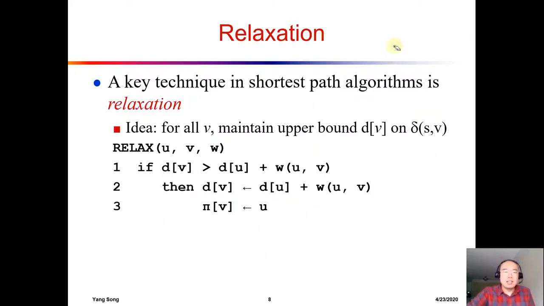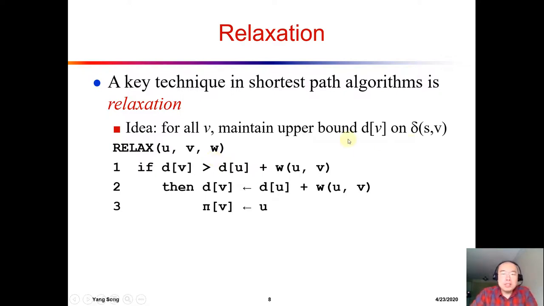Okay. So before we move on and talk about the algorithms for finding the shortest paths, we have to understand a step called relaxation. For relaxation, we have a node u and a node v, and the weight between u and v.